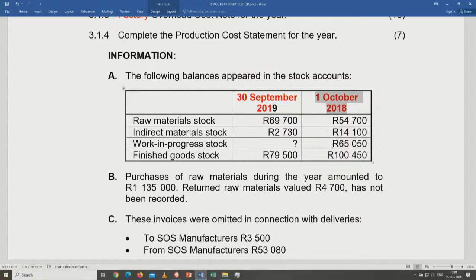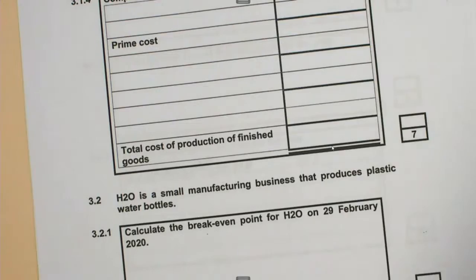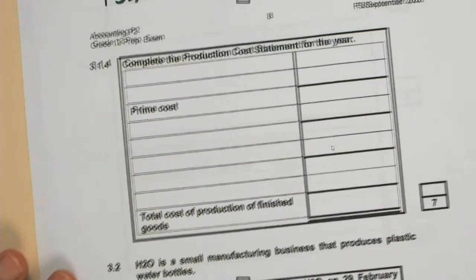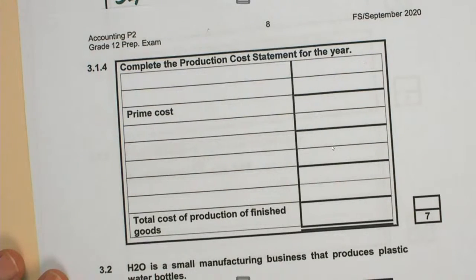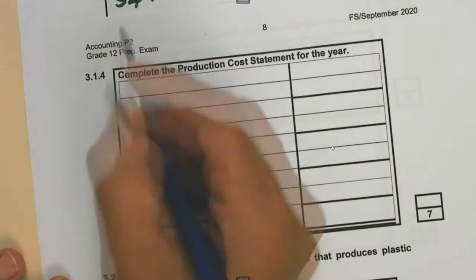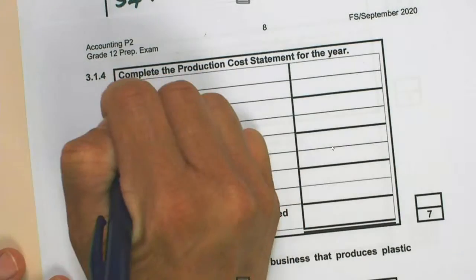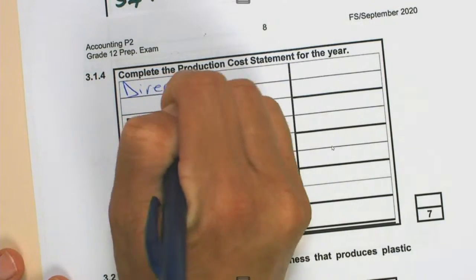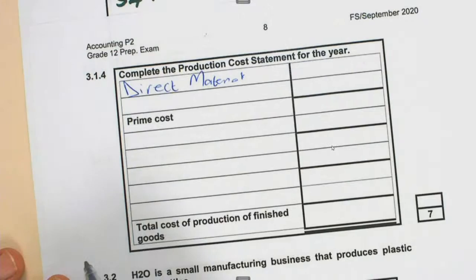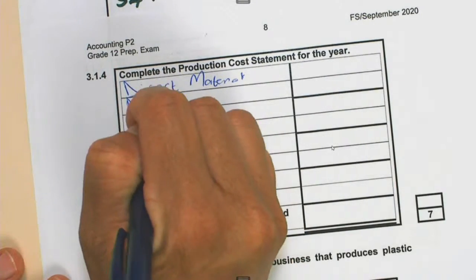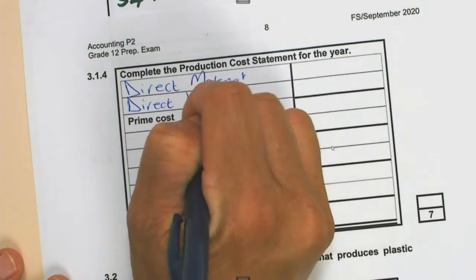Production cost statement. Okay. Right. Help me with the format of the production cost statement for the year. What do I have first? Direct material. Then I have direct labor.